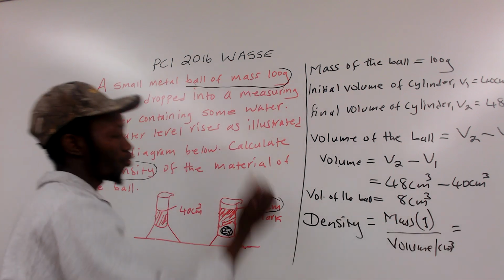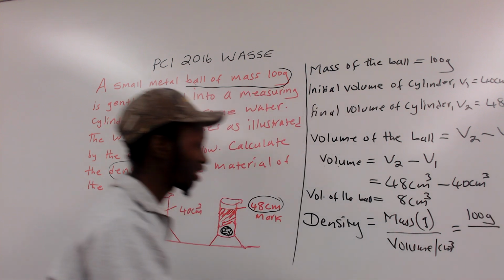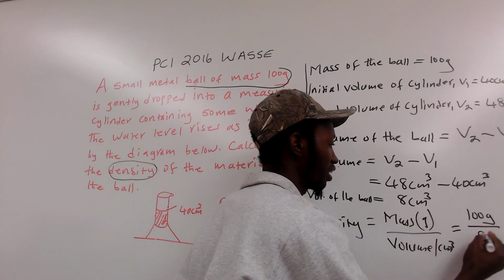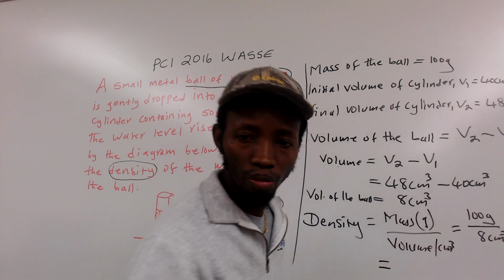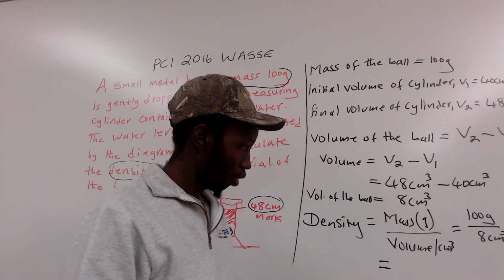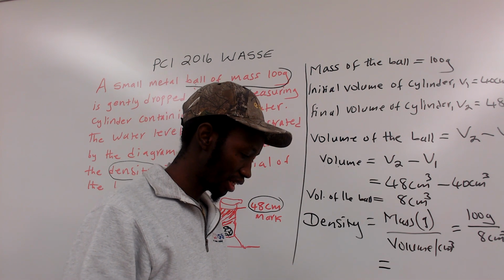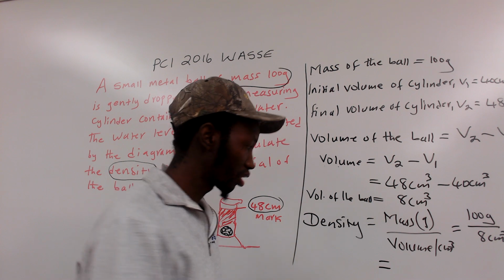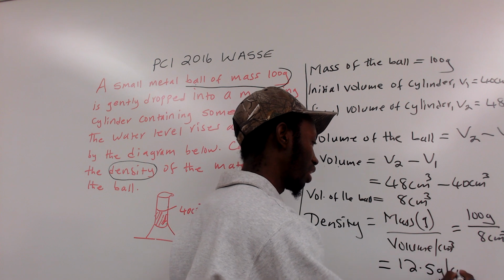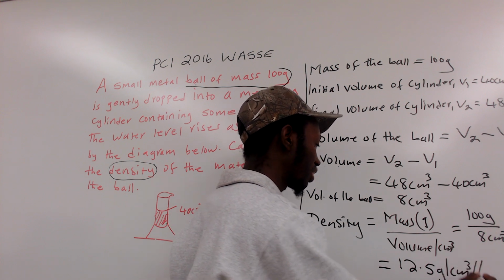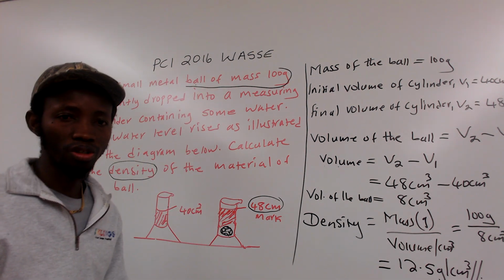The mass is given as 100 grams, divided by the volume, which we have calculated as 8 centimeters cube. So this will give us 12.5 grams per centimeter cube. This is the density of the ball we are required to calculate.